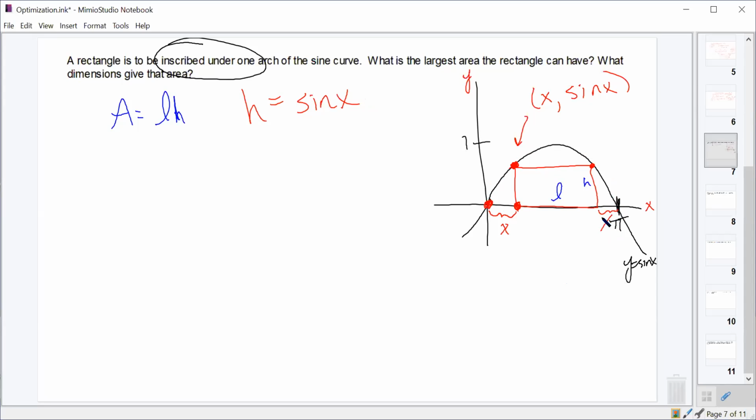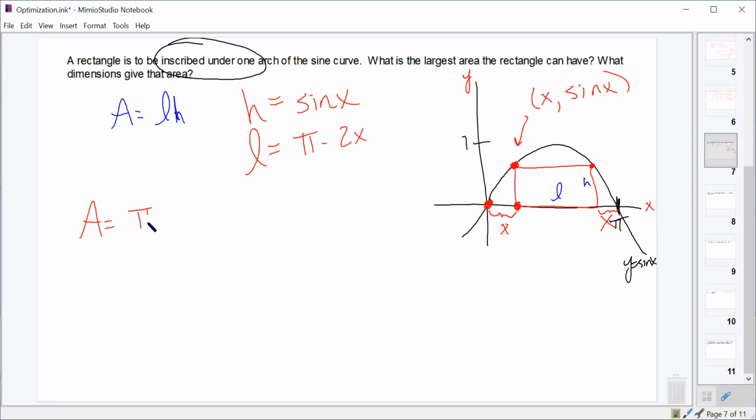It's also x. So what is the length equal to? Pi minus 2x, because that entire length from 0 to this x-intercept is pi, and we've knocked off 2 x's. So we've got a length of pi minus 2x, the height of sine x.